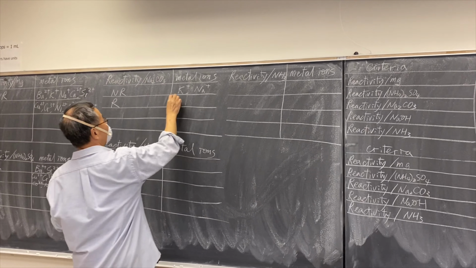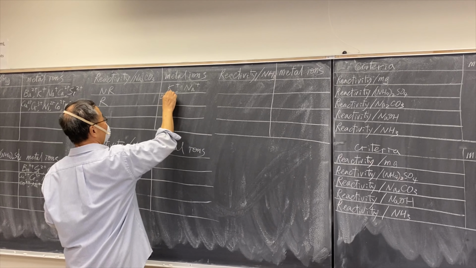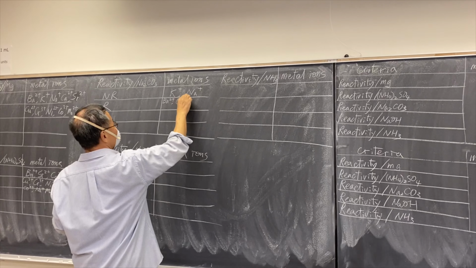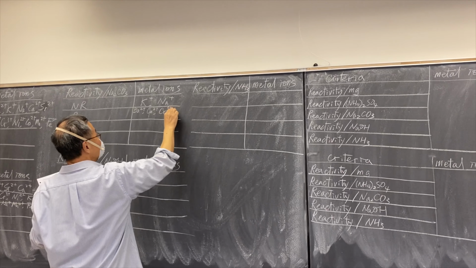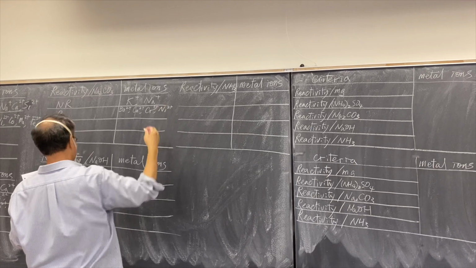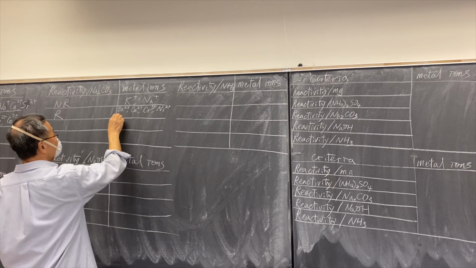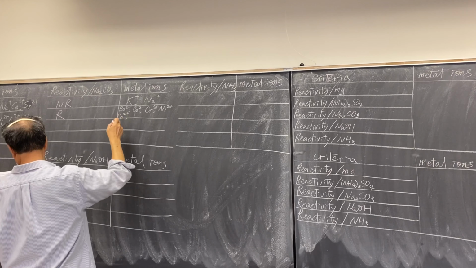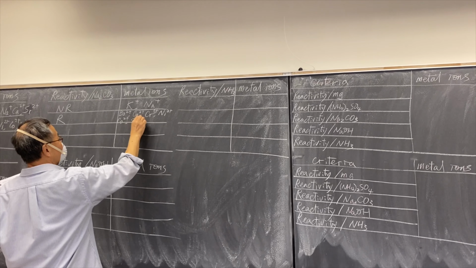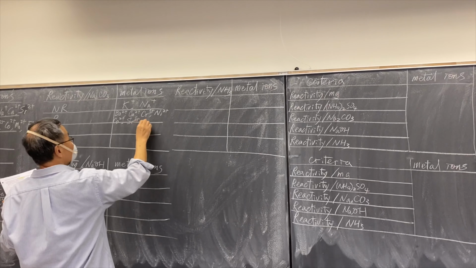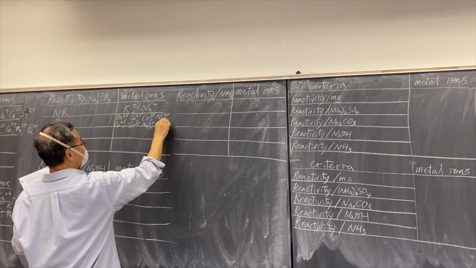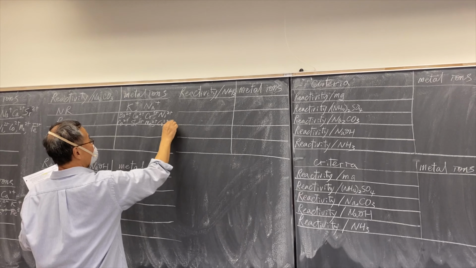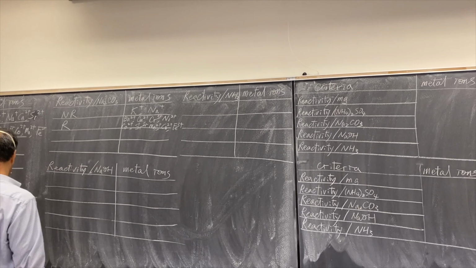And the rest: barium ion, copper 2 ion, chromium 3 ion, nickel 2 ion, cobalt 2 ion, strontium, and manganese 2 ion, calcium ion, and our beloved iron 3 ion.